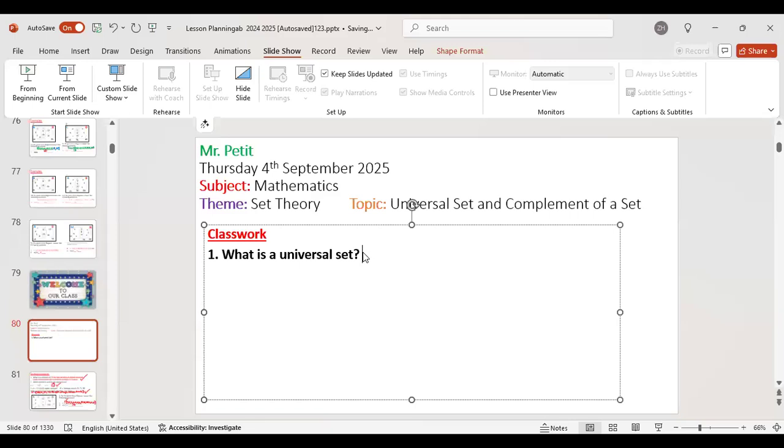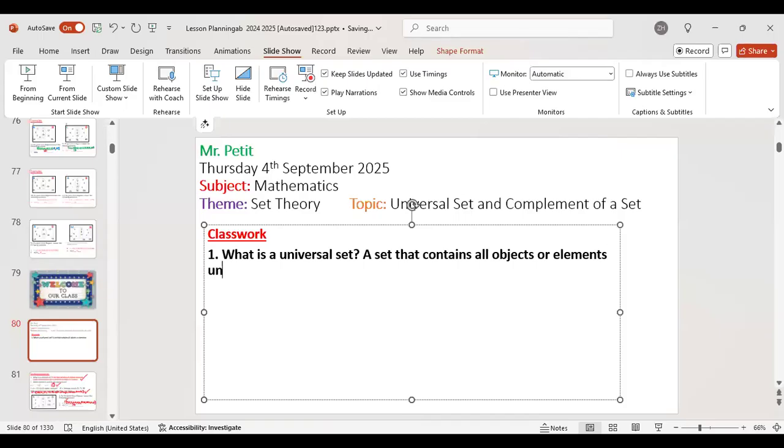So the universal set is going to be a set, right? We said this yesterday, a set that contains all objects or elements under consideration for a particular problem or context.